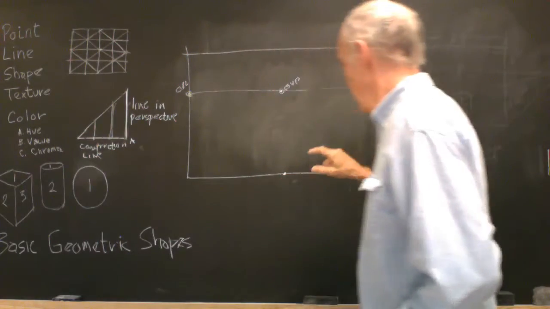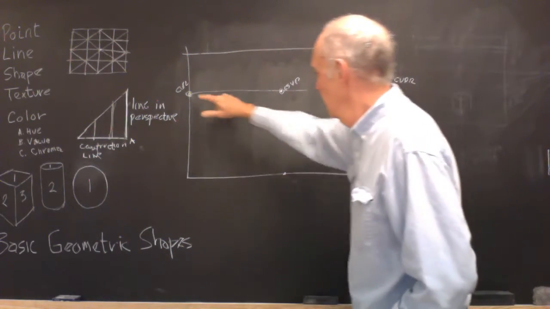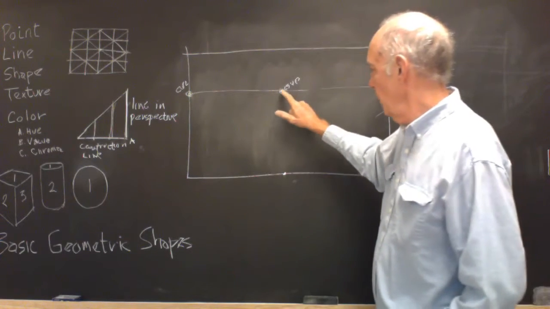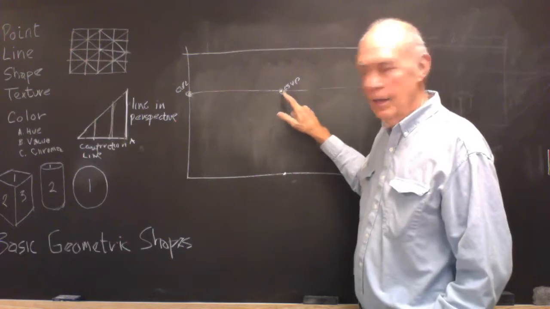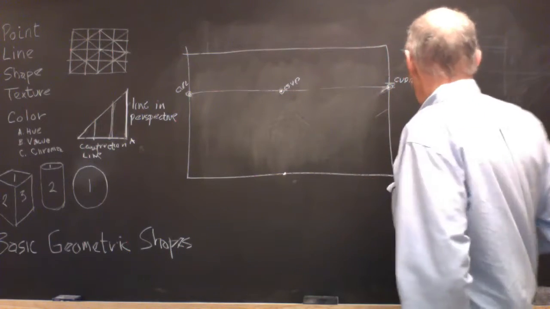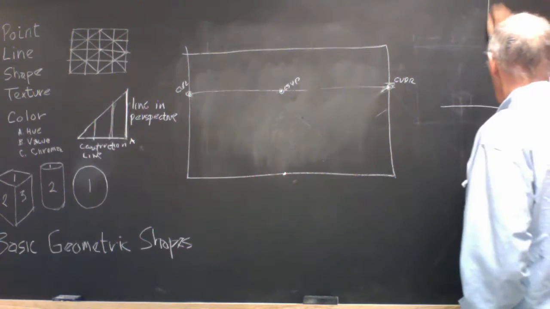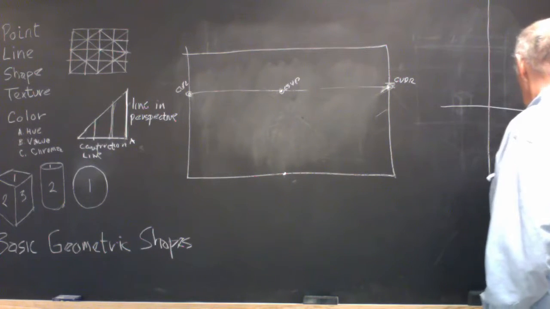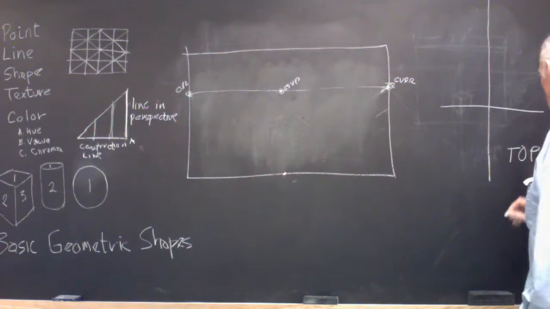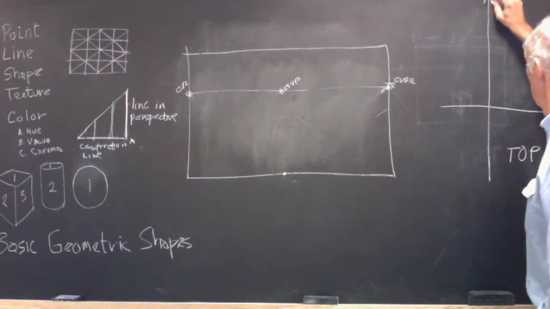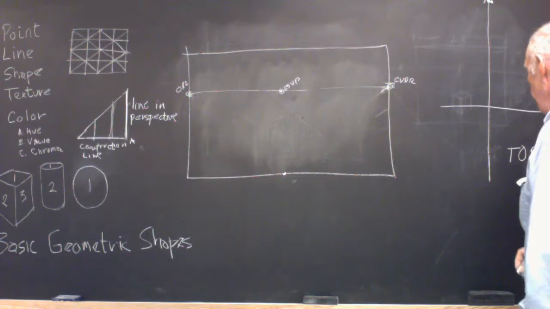Whenever your vanishing points are equidistant apart from this central vanishing point, this object that you're looking at, and I'll draw a top view. This is looking down from the top. This is my line of sight.